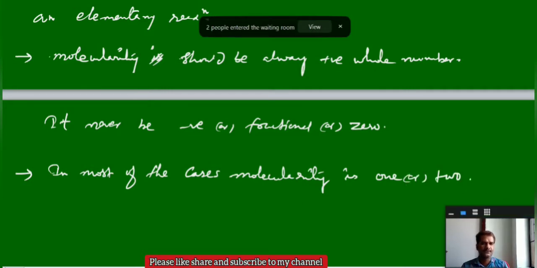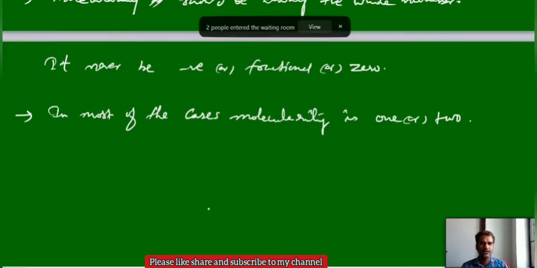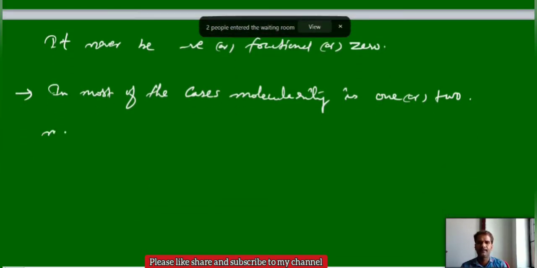Molecularity of 3 is very rare, and beyond 3 is not possible.